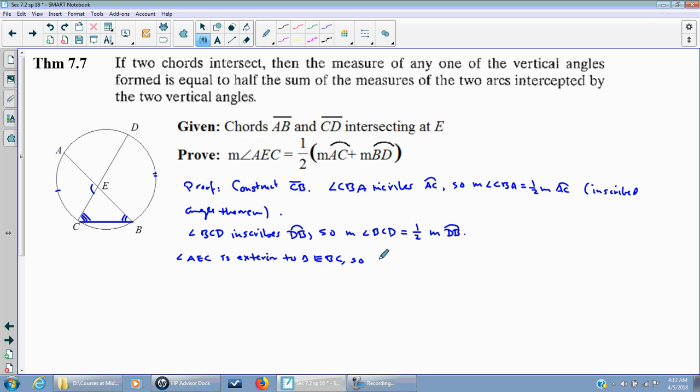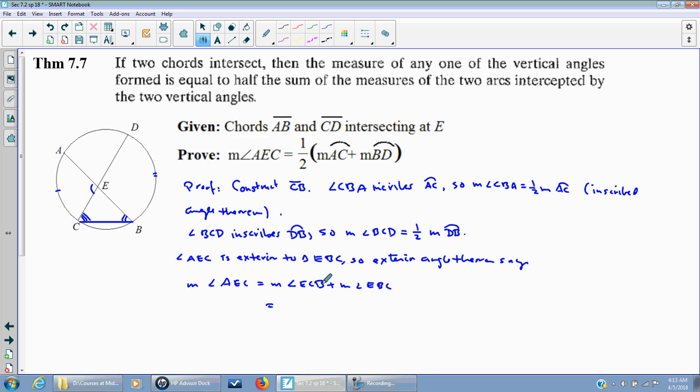So the exterior angle theorem says that the measure of angle AEC is equal to the sum of the measure of its two remote interior angles. So that's going to be the measure of angle ECB plus the measure of angle EBC. Okay, so this angle is the sum of those two.